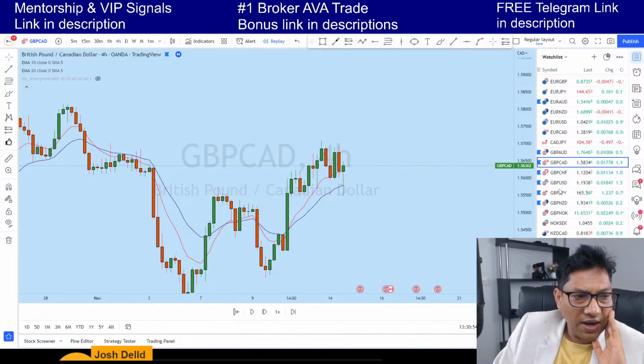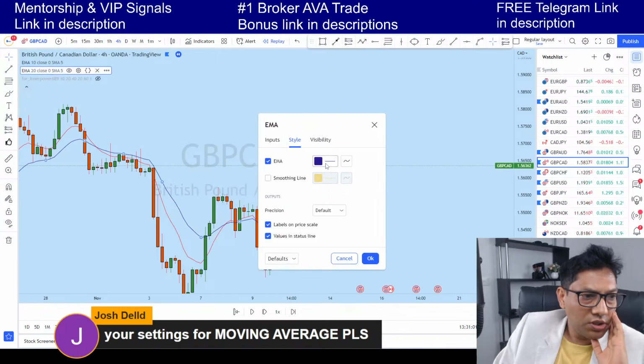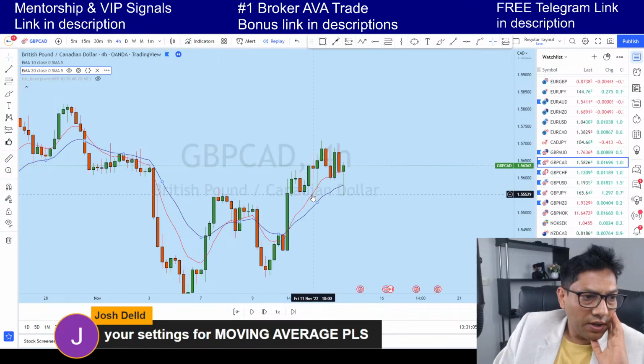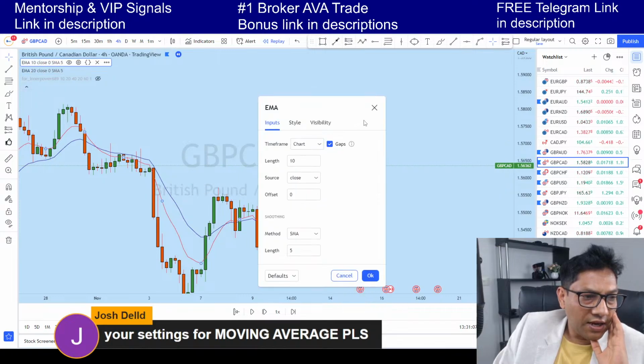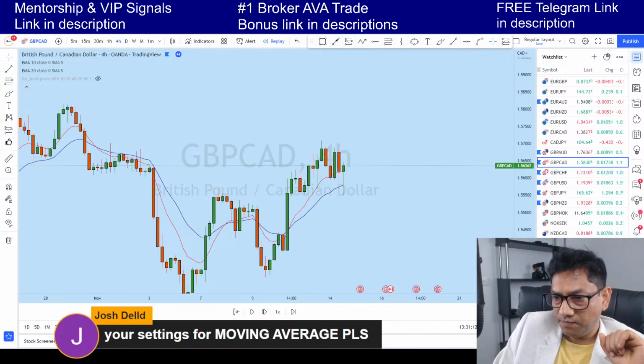Okay, Josh, my setting for moving averages is 10 EMA and 20 EMA. This blue is the 20 EMA: if you put 20 as the input, it is the 20 EMA. The other one, you put 10, it is the 10 EMA. So 10 and 20 EMA.